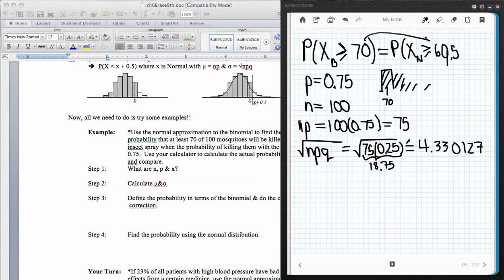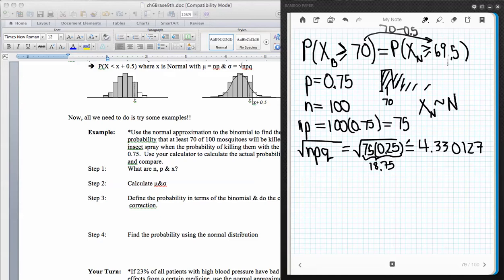So from here to here, I have to do 70 minus 0.5 in order to get that continuity correction. So that's 69.5.